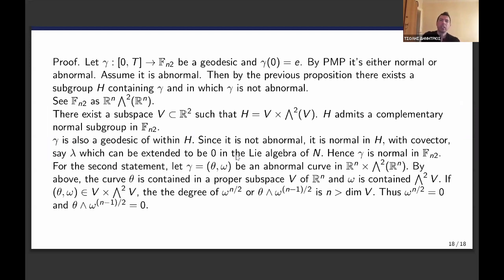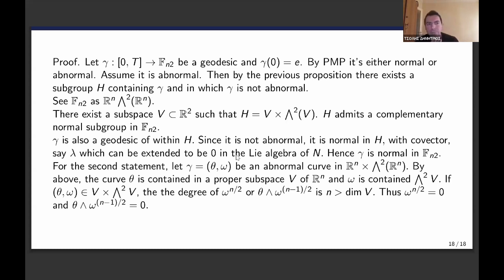Okay, so we take a curve in this group and make it to be a geodesic. So we have a geodesic that starts at point 0, and at 0, it's the identity of the group. So we use the Pontryagin maximum principle, and we know that it's either normal or abnormal, since it's a geodesic. So it's energy minimizing.